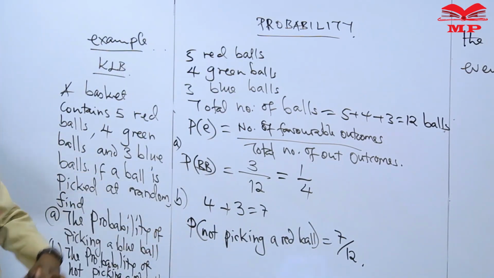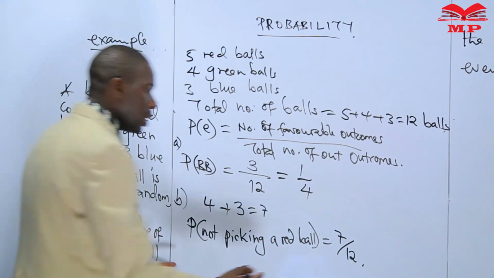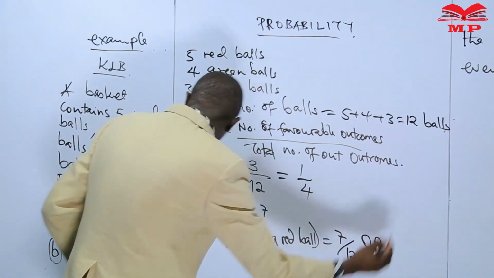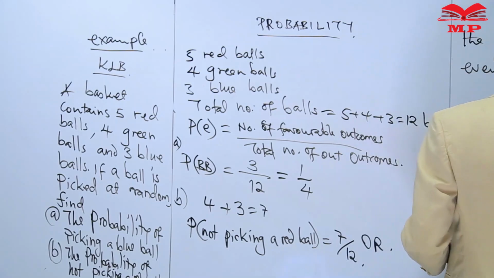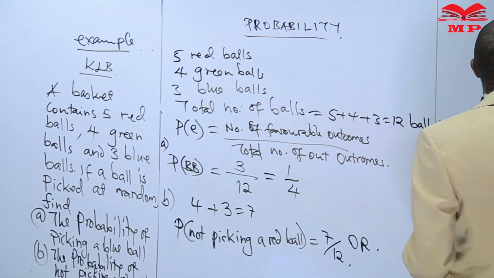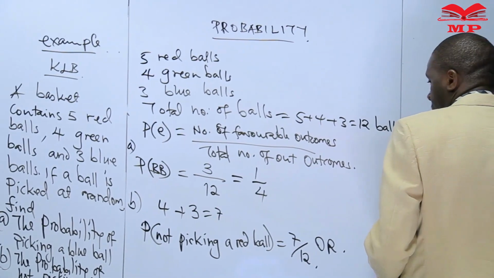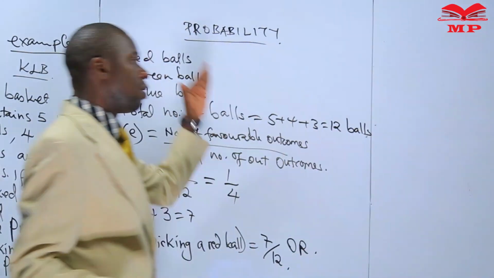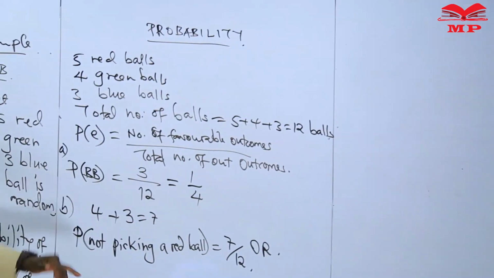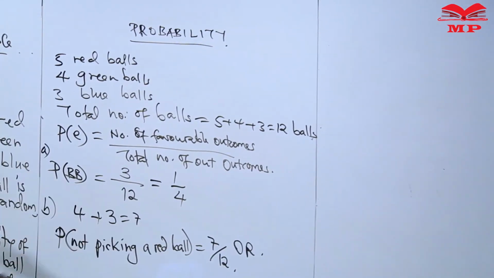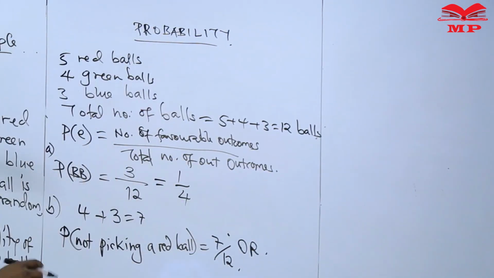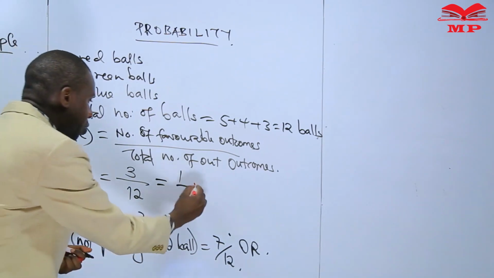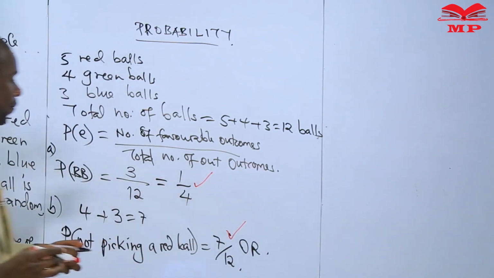Now, we can also say that, or, and I want us to be very keen when we are talking of that or, because it normally helps, especially where you are dealing with a very long question and you are expected to deal with a number of things. Or you can say that the probability, now this is correct, we are okay.